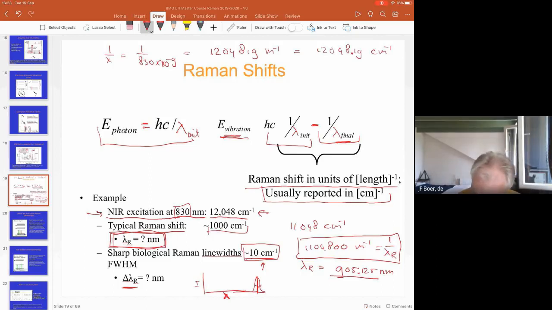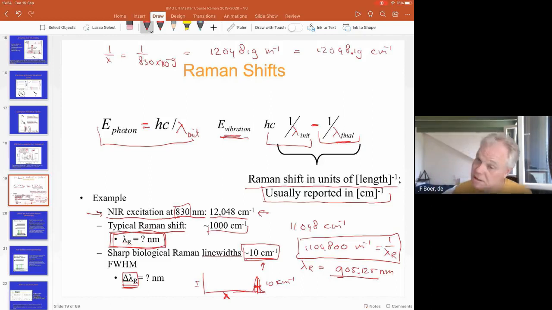And this width is then 10 centimeter to the power minus 1. And what does that mean for this width in terms of wavelength? If I would like to know what is the full width half max of this peak expressed as delta lambda R, what is it?